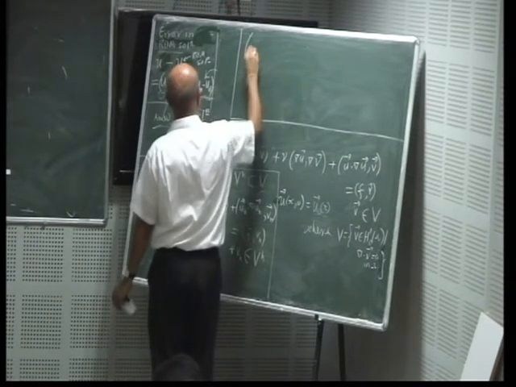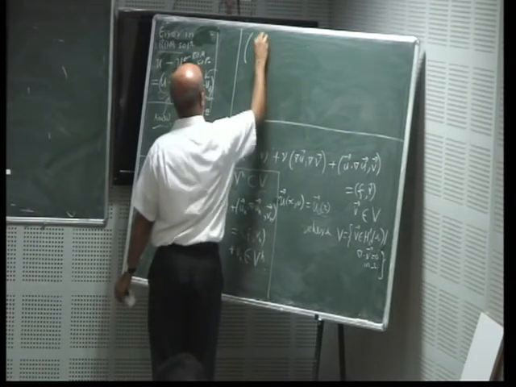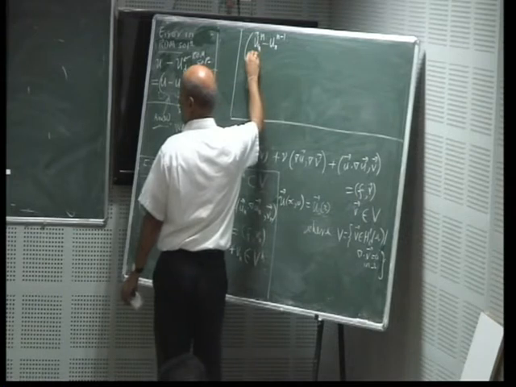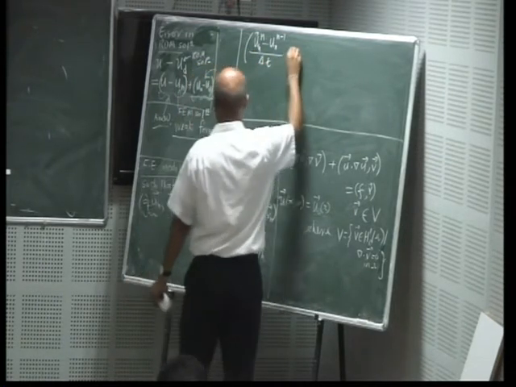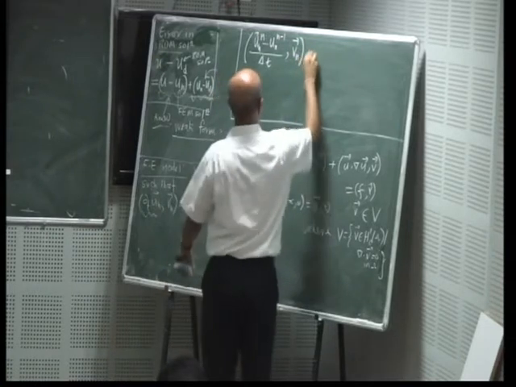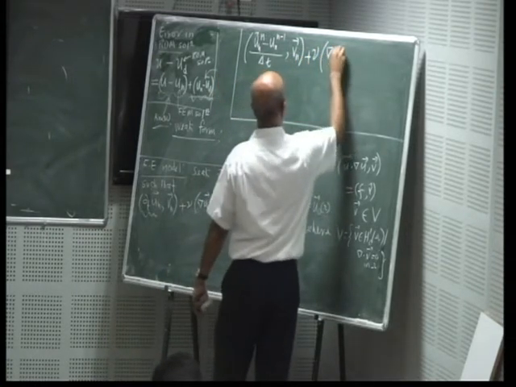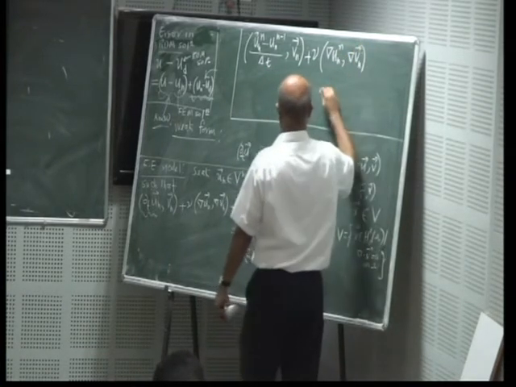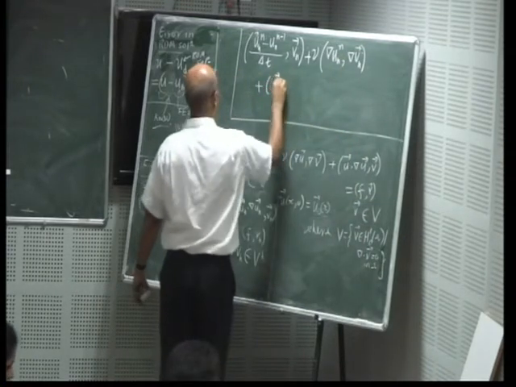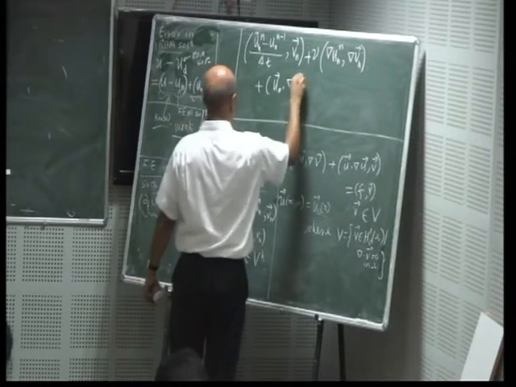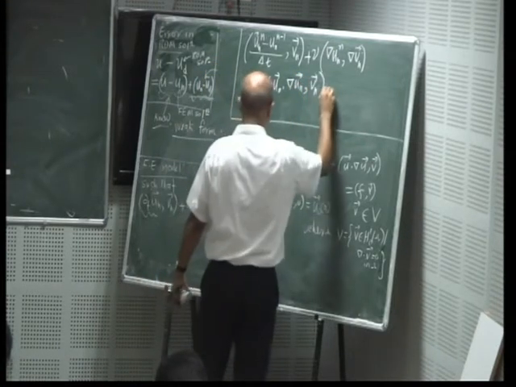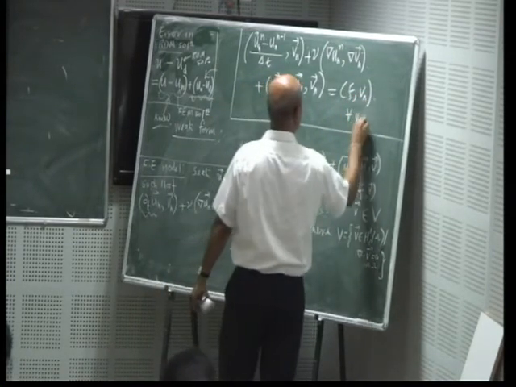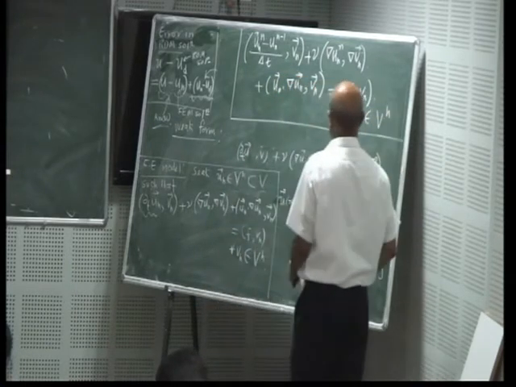So if I use the backward Euler scheme, then I get (u_h^n minus u_h^(n-1)) over delta t, v_h, plus nu gradient u_h^n, gradient of v_h, plus u_h dot gradient of u_h, for all v_h belonging to V_h.